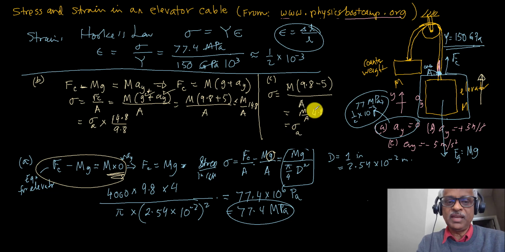And for the other case, it's sigma found in A times 4.8 over 9.8.